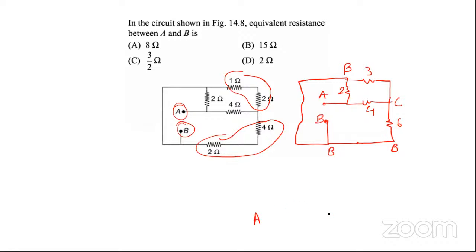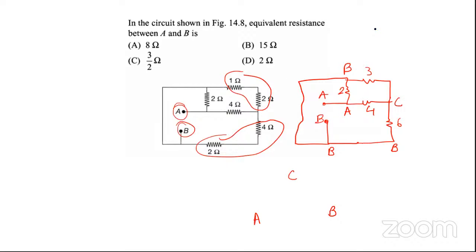So let us try to simplify this. This is also A. We have one resistor. Anish, I think you missed one question.